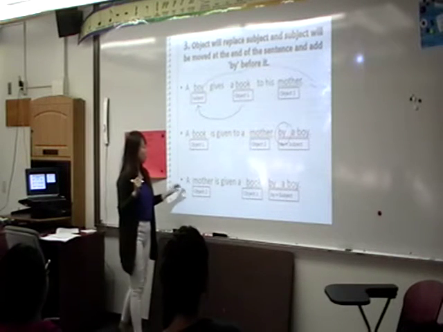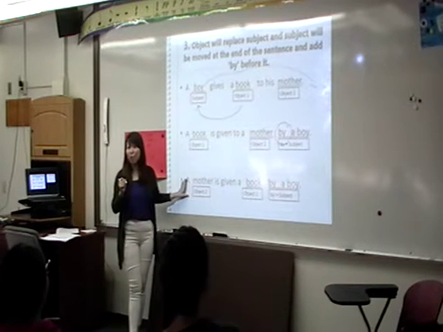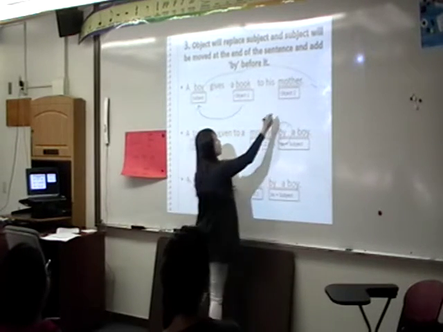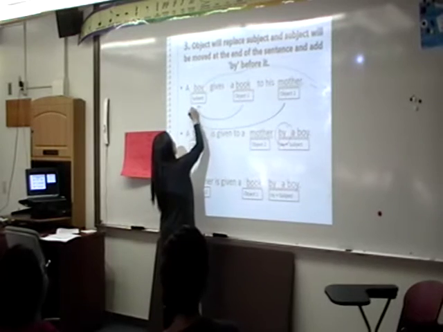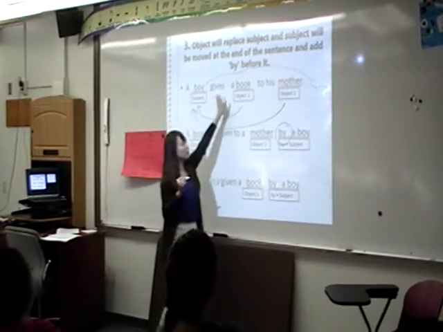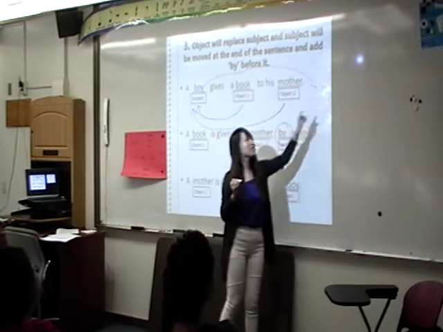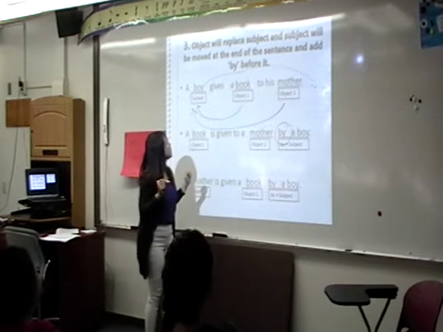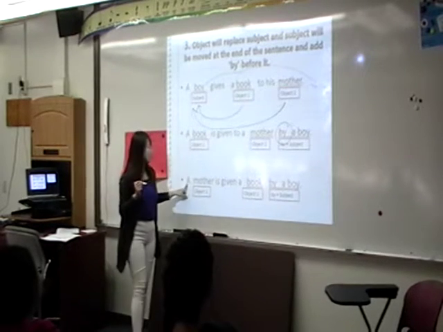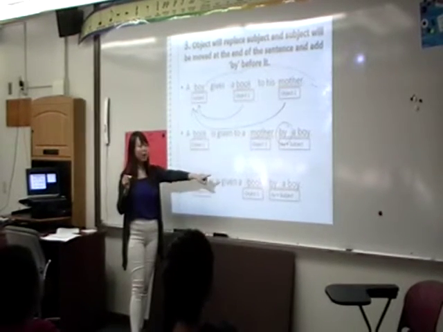Or if I want to emphasize another object, mother. The same, we will put mother to replace the subject, and the boy will need to go to the end of the sentence. But the book still remains in the same place. A mother is given a book by a boy.